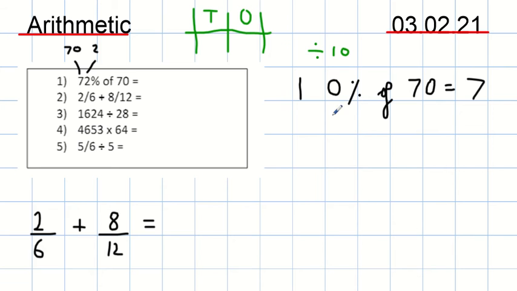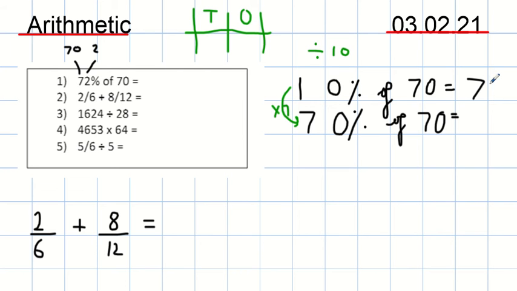Okay, so now I know 10%. How could I use that to find my 70%? Well, I notice that 70% is 7 times bigger than 10%.